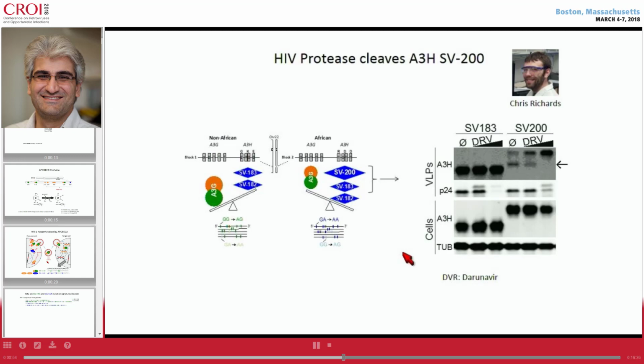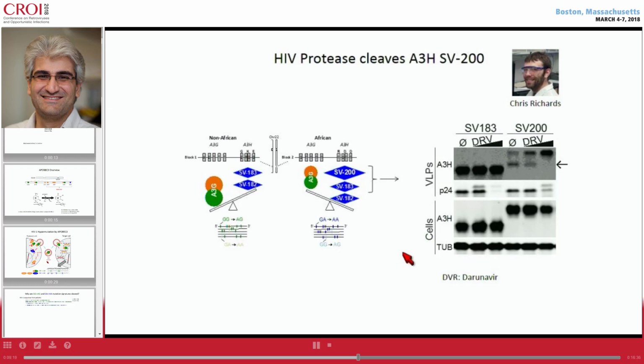Chris in our lab became interested in this project and did experiments with these splice variants. The first thing he did was look at the blots in a single cycle infectivity assay, and for now focus on the first column. What he observed was, as expected, a single band inside cells for 183 and a single band inside viral particles.